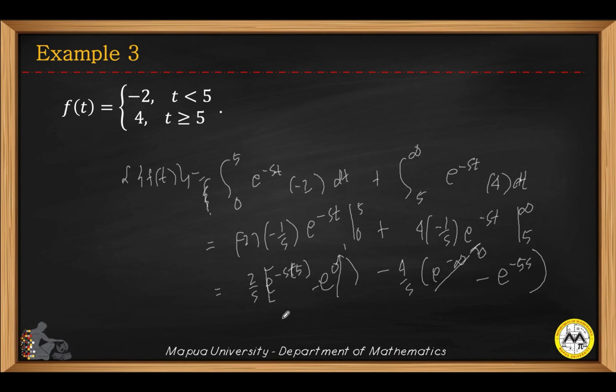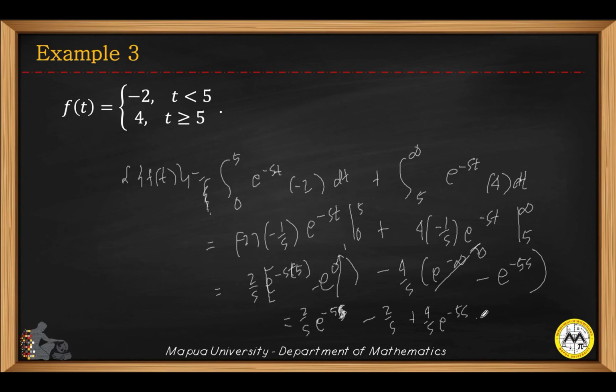So what happens here? We now have 2 over s e to the negative 5s minus 2 over s, this is 1, this is 0, and here you have plus 4 over s e to the negative 5s.